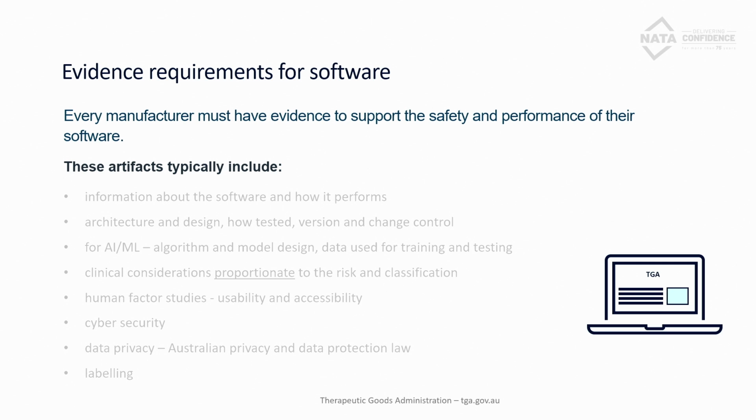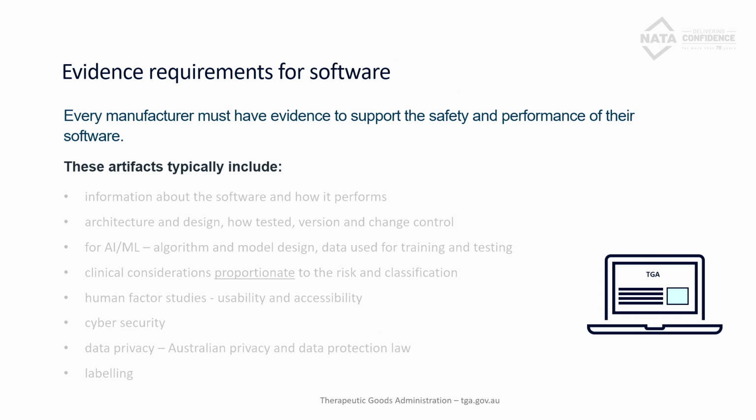So we ask for information about the software design, how it performs. We require a detailed description of the software, the architecture, how it's been tested, information about the manufacturer's version control, the defect management, and where it includes AI, details about the algorithm, how it's been tuned, the suitability for use, the data population.